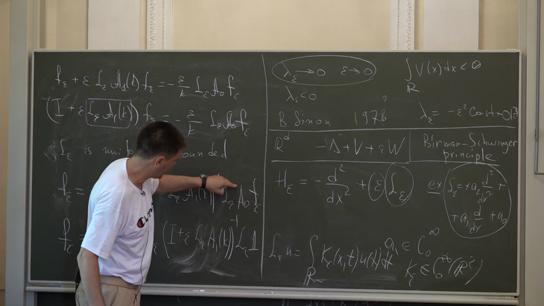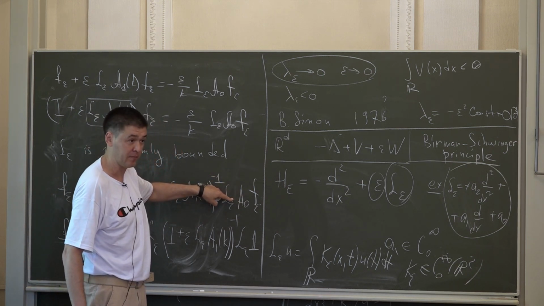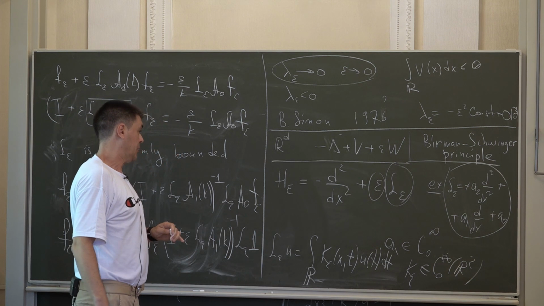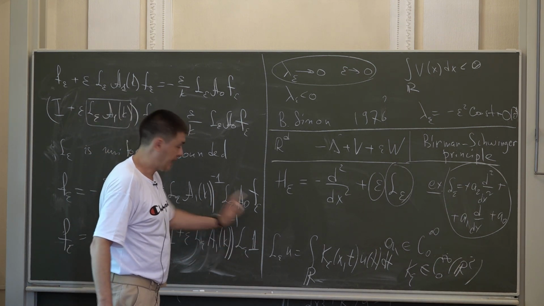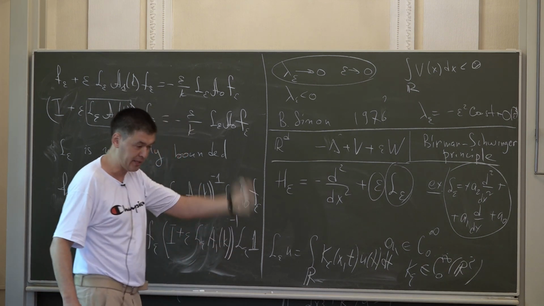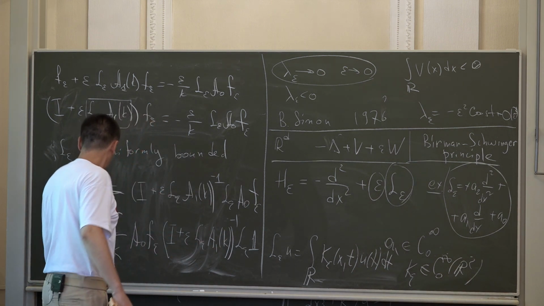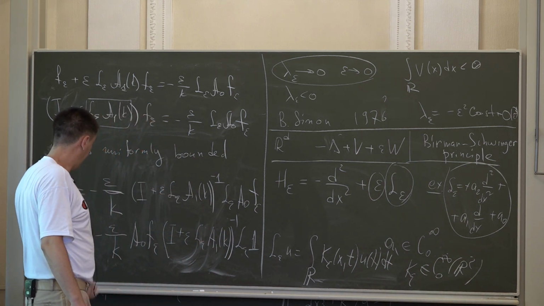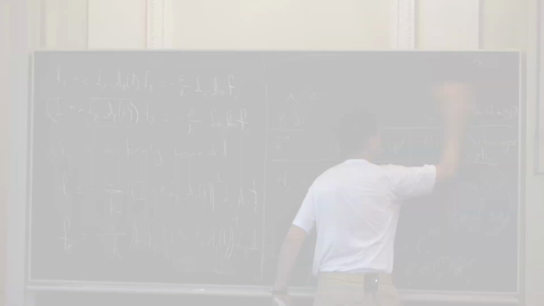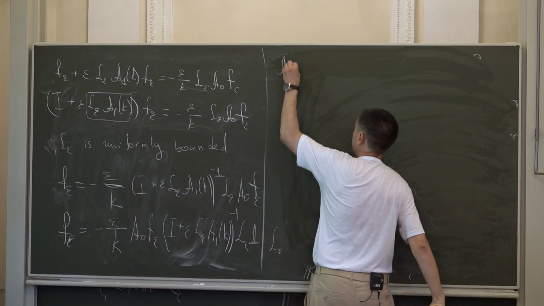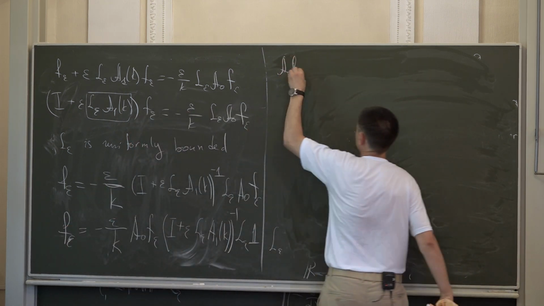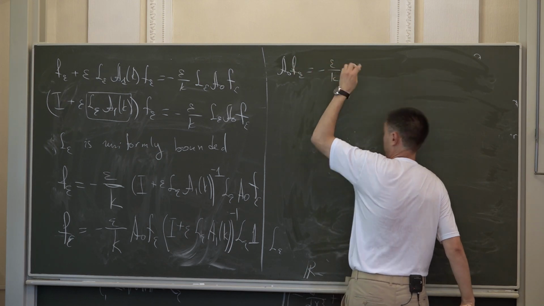So when I move it out, what I get is just 1, a function which is constant on the entire line, and of course L epsilon can act on it. If L epsilon is a multiplication by a potential, then this is just the potential multiplied by this one. Okay, this is very good, because the next step is just to apply the functional A0 to this equation. And then we get here immediately the following thing.